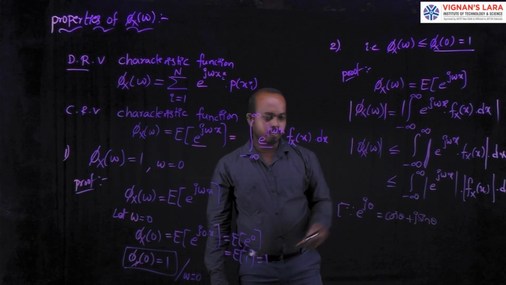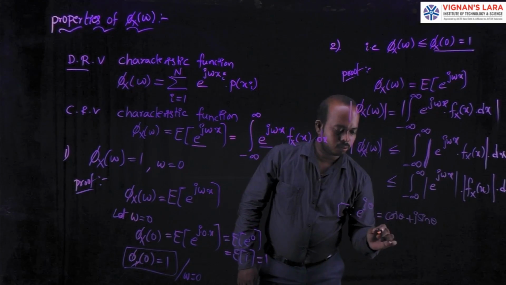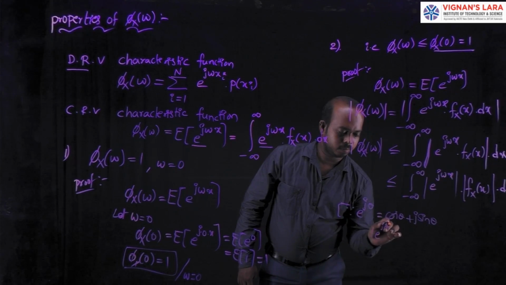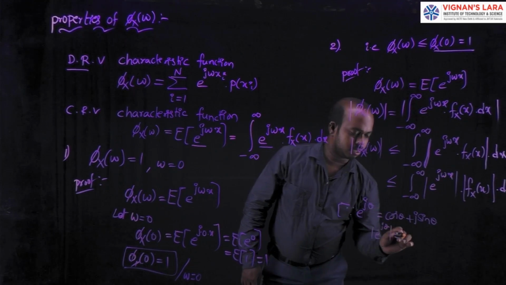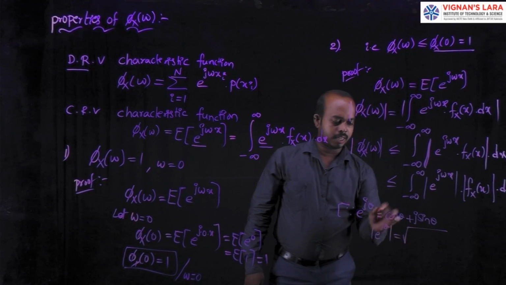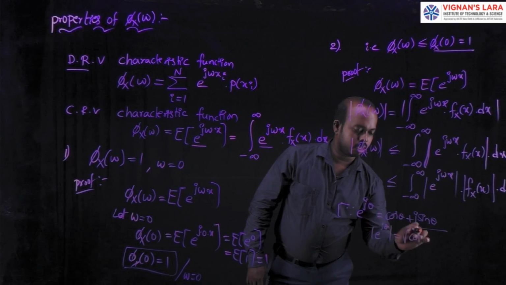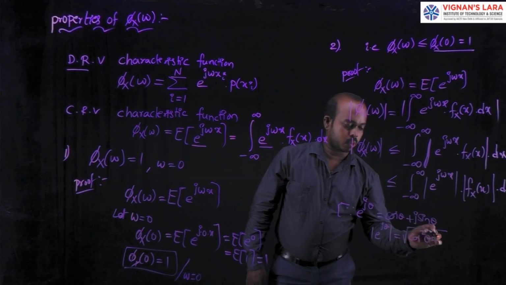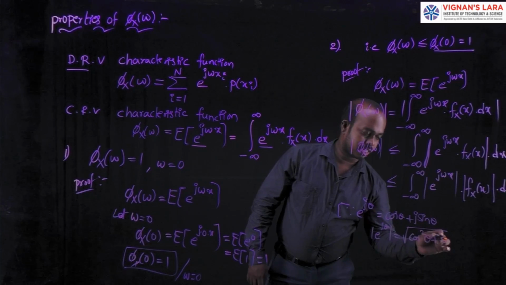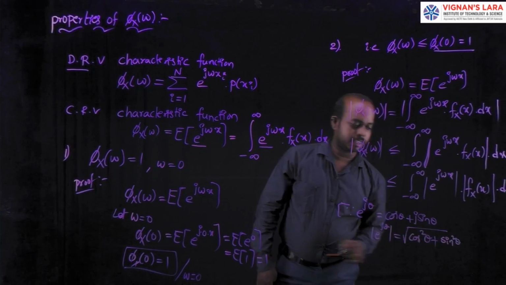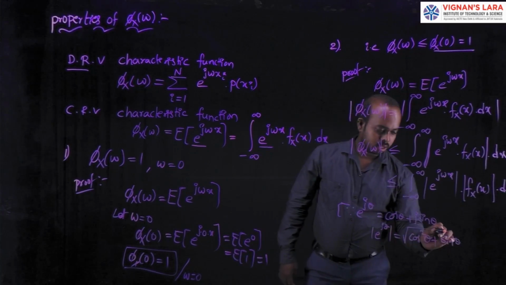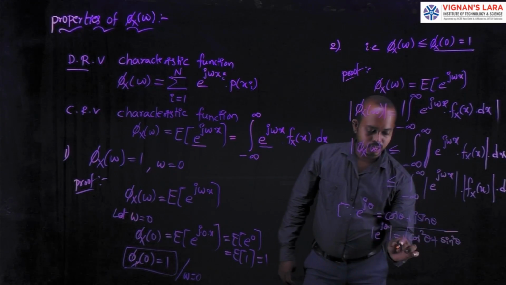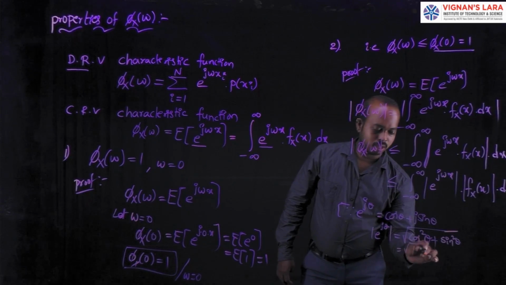When finding the magnitude of e power j theta, it is equal to the square root of the real term squared, cos square theta, plus the imaginary term coefficient squared, sine square theta. According to trigonometry, the first axiom is that sine square theta plus cos square theta is 1, and the square root of 1 is 1.